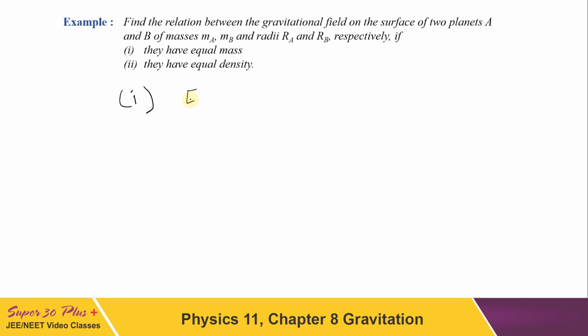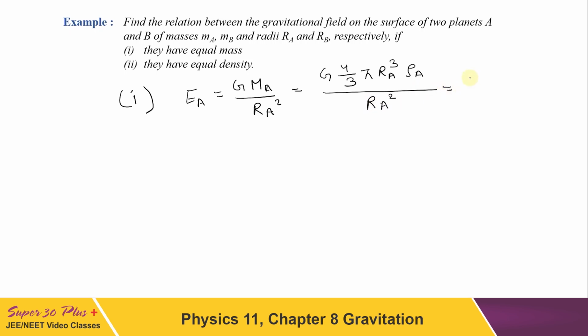Intensity of field for A can be written as G Ma upon Ra square. Now if we substitute the value of Ma, then it can be written as G times 4 by 3 pi R cube, because we are writing masses of planets, so they have to be spherical. So this will be 4 by 3 pi Ra cube multiplied with density of A, upon Ra square.